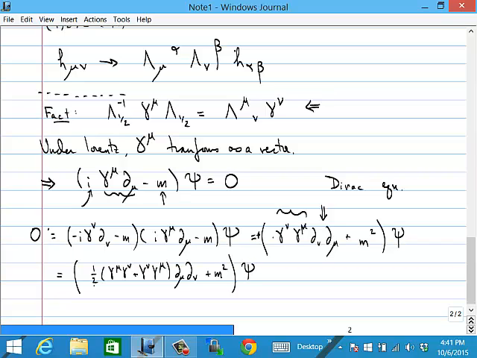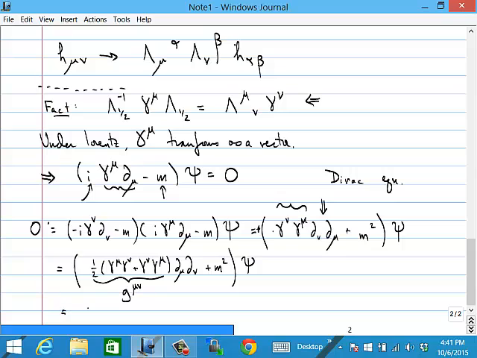And what is this quantity here? Well, the Clifford algebra, that is to say the defining property of the gamma matrices, says that that is the metric. So this is grad squared plus m squared acting on psi has to be equal to 0.